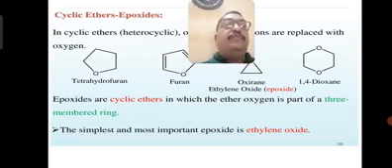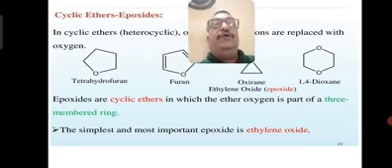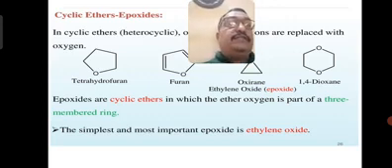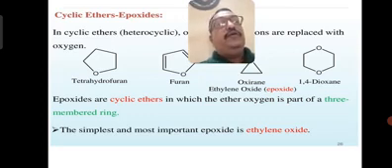So these are some of the examples connected to cyclic ethers. They are also called epoxides. Epoxides are cyclic ethers in which the ether oxygen is present in the ring system. The simplest example we can give is ethylene epoxide. What is ethylene epoxide? CH2OCH2.